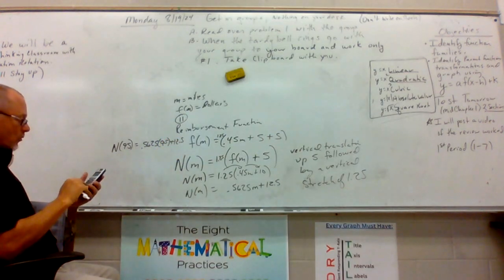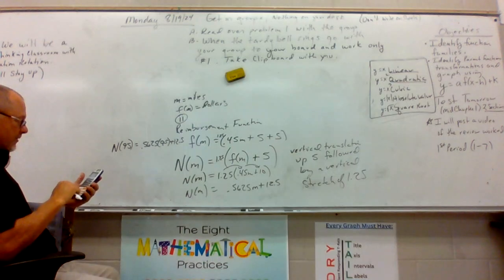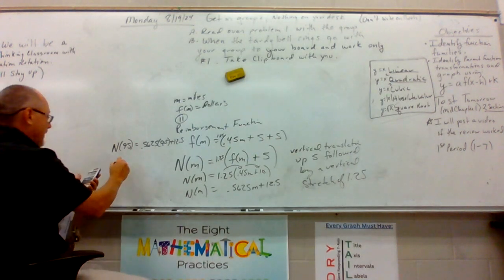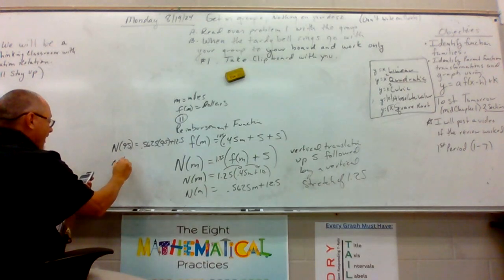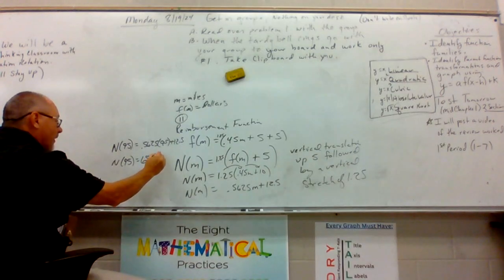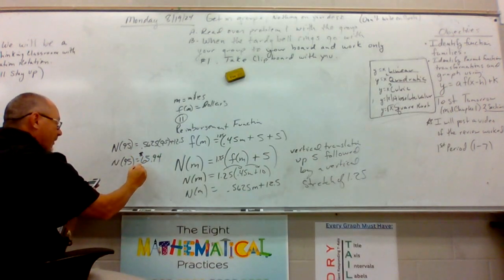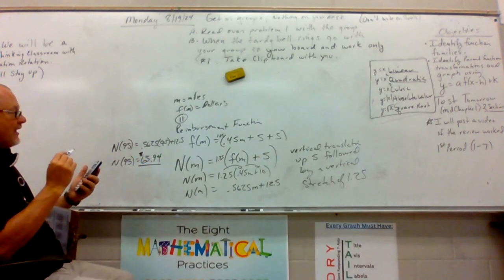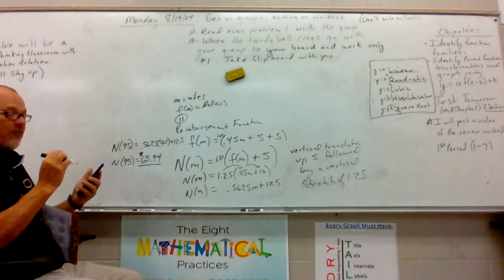So I'm going to go 0.5625 times 95 plus 12.5 equals. That's going to give me my new value at 95 miles, which is going to be 65.94. I'm going to round that to dollars, so that's $65.94.